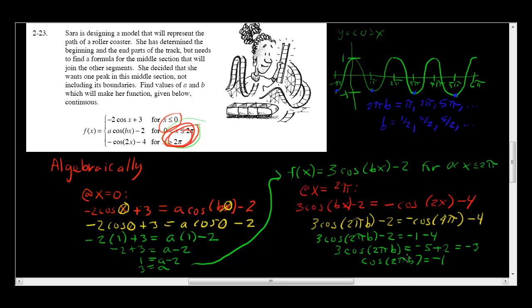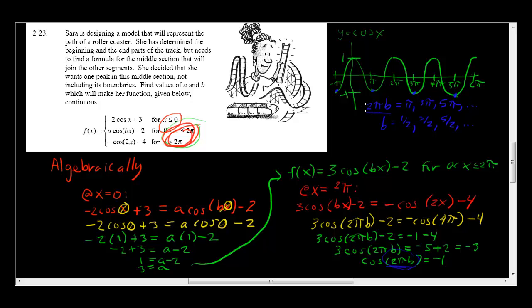So we want what's on the inside of cosine 2 pi b equals negative 1. We need that 2 pi b to equal pi, 3 pi, 5 pi, 7 pi, or whatever.